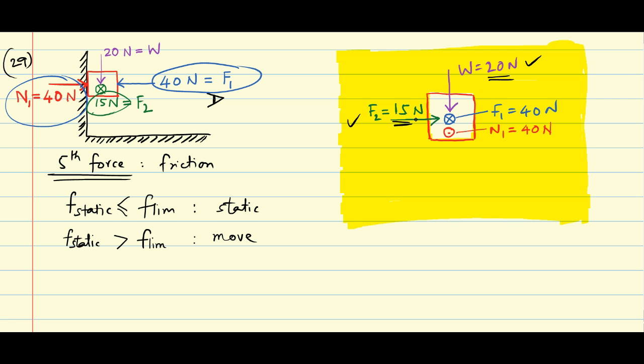So their resultant must be proportional to 5. So if you just calculate, it's going to be 25 newtons. I'll just show the force, 25 newtons. So it's somewhat in this direction. It's something like this.